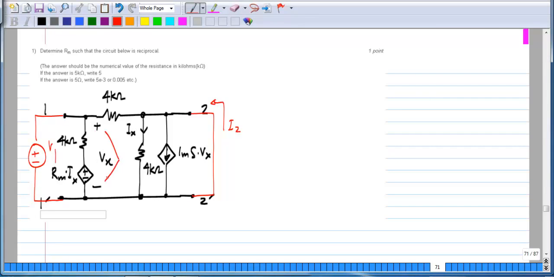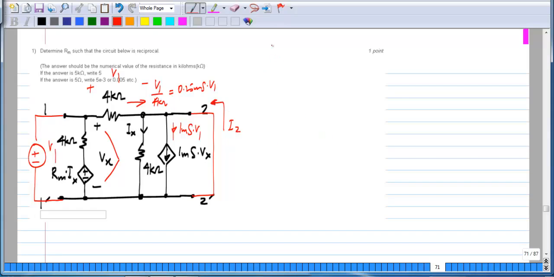This Vx equals V1. So this current here is 1 millisiemens times V1. Now port 2 is short circuited, so no current flows through this 4 kilo ohm resistor, and the voltage across this is equal to V1. So the current that flows there is V1 by 4 kilo ohms, equals 0.25 millisiemens times V1.